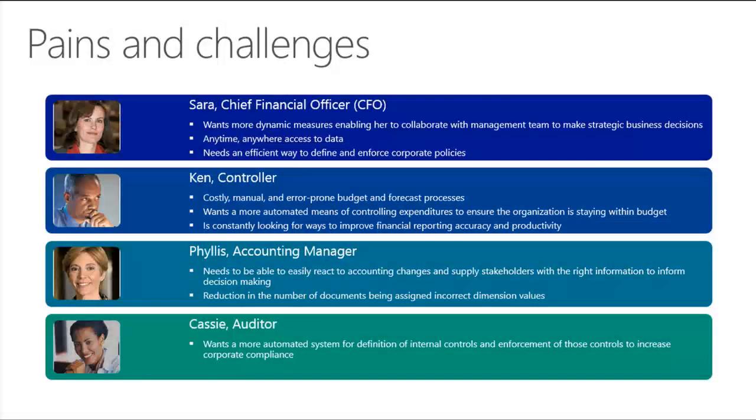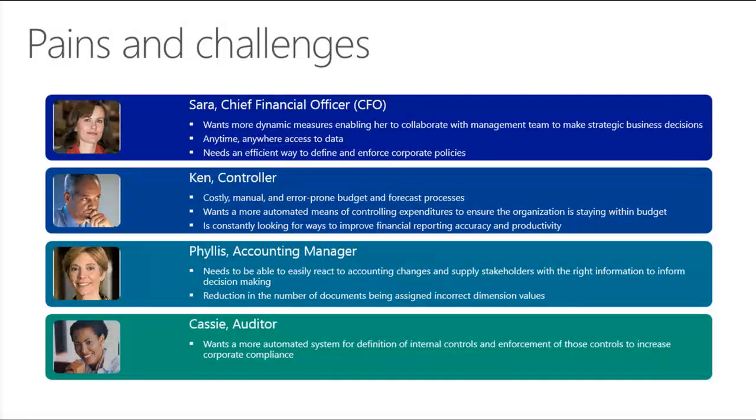How can I get that information in a more efficient manner? Enforcing corporate policies, of course, is a key concern. Similarly, the controller has to react to those requests for information as well, typically in control of the budget, making sure that budget is enforced. And again, constantly looking for ways to improve efficiency and accuracy of financial reporting.